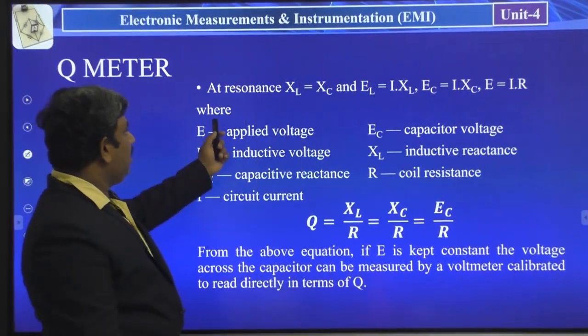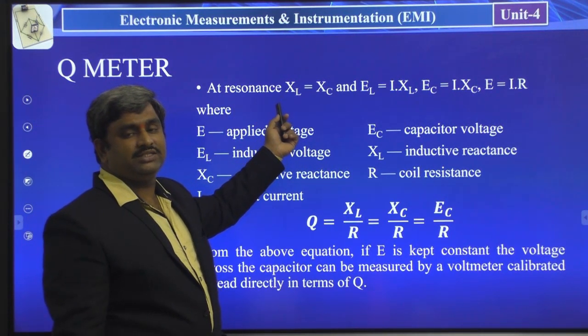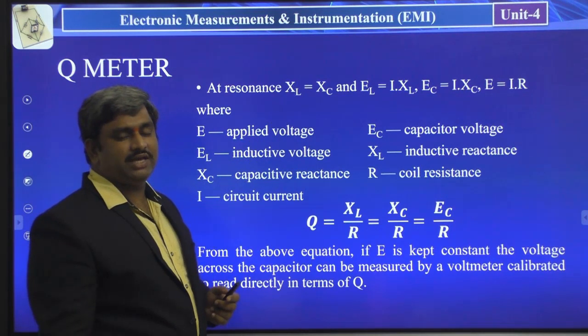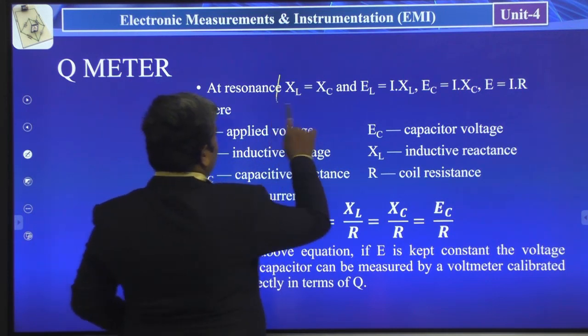Next, at resonance, we know that the reactances of inductance and capacitance are equal, that is XL is equal to XC. So this is the condition.